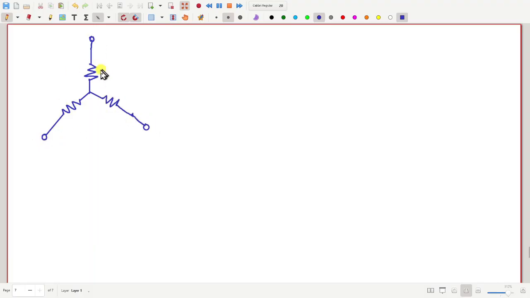Let me call these nodes A, B, C, and let me call these RA, RB, and RC. And this is one circuit, and another circuit has three resistances connected in a different way.